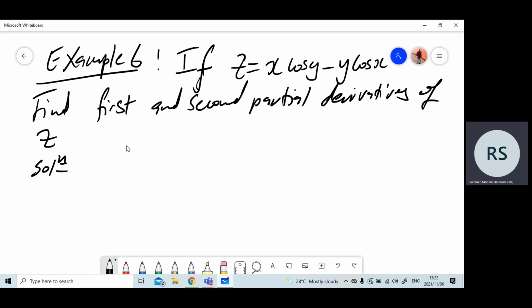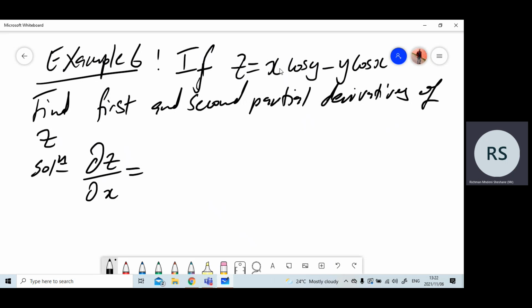Let's first find the first partial derivative. Since this is a function of two variables, you're going to have two first partial derivatives. The first partial derivative is of z with respect to x. So let's derive this function with respect to x. We're going to treat y as a constant, which means cos of y is a constant there.